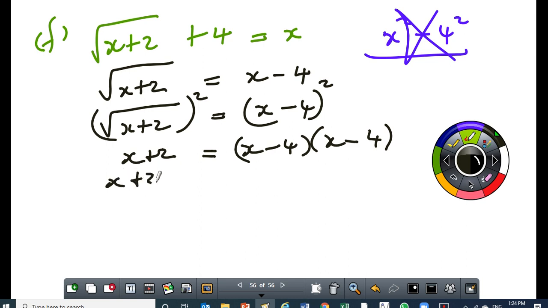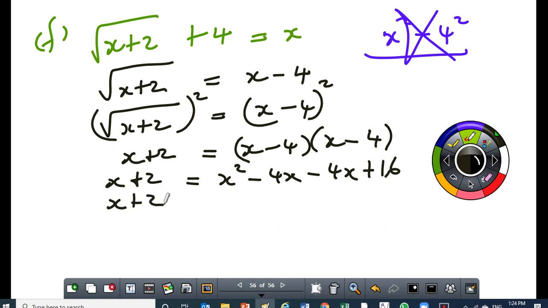And my left hand side is x plus 2. Then you get x squared minus 4x minus 4x plus 16. Okay? Then you get x plus 2 equal to x squared minus 8x plus 16.